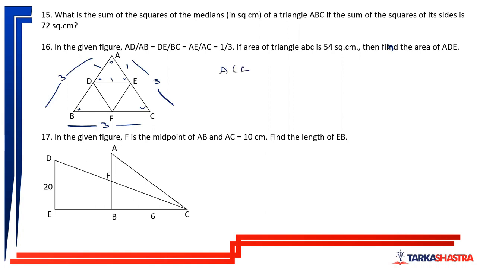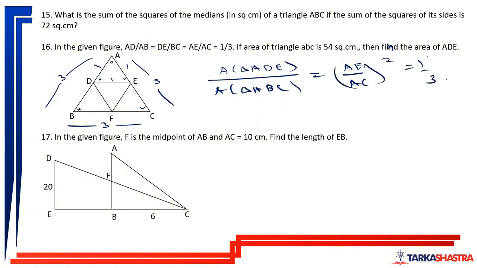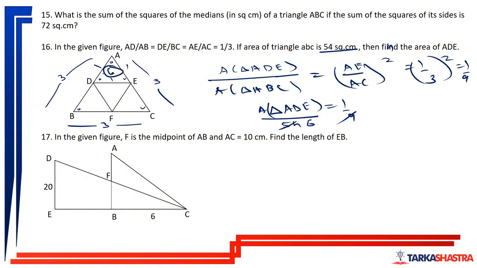Area of triangle ADE upon area of triangle ABC will be AE upon AC whole square, which is 1 by 3 whole square, which is 1 by 9. Area of triangle ADE we need to find out, and area of triangle ABC is 54, given in the question. So 9 ones are 9, 9 sixes are 54. So area of triangle ADE will be 6 square centimeter.